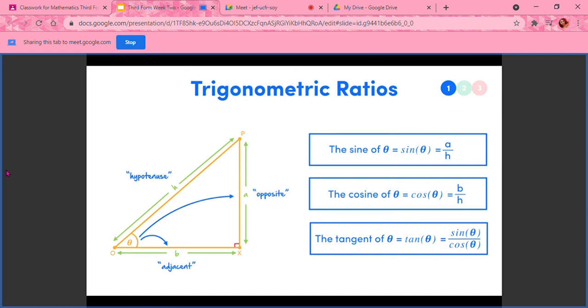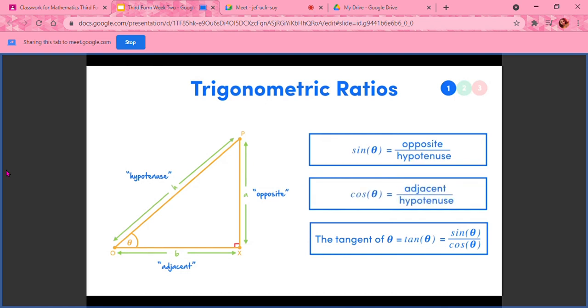So, using this, we can define our trig ratios for any right-angled triangles as the sine of theta equals the opposite side over the hypotenuse. The cosine of theta is the adjacent side over the hypotenuse. And the tan of theta is the opposite side over the adjacent side. These are three formulas you absolutely need to know.